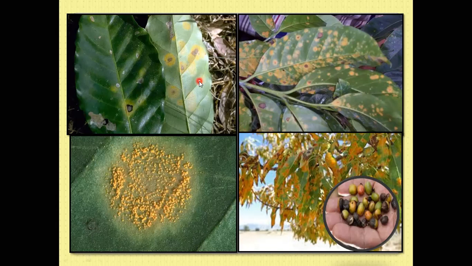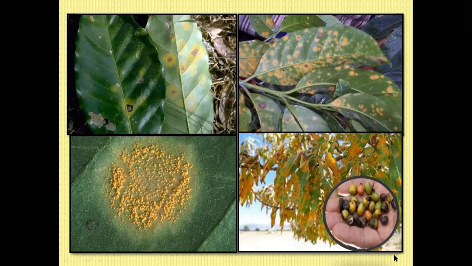Now, going to the symptoms, which types of symptoms are seen on coffee plants due to the fungus Hemileia vastatrix. This fungus infects and attacks coffee plants at all growth stages.